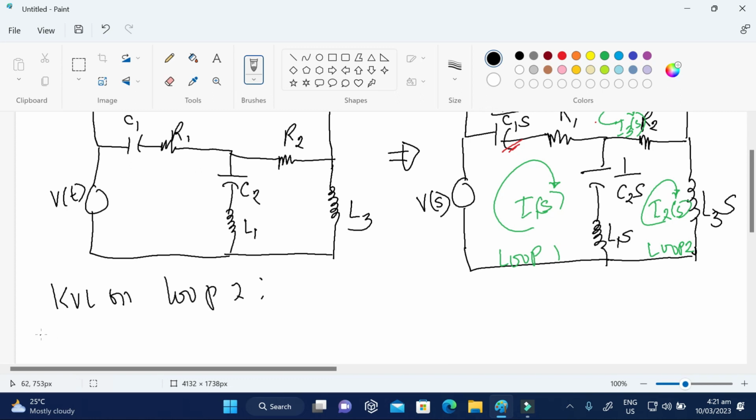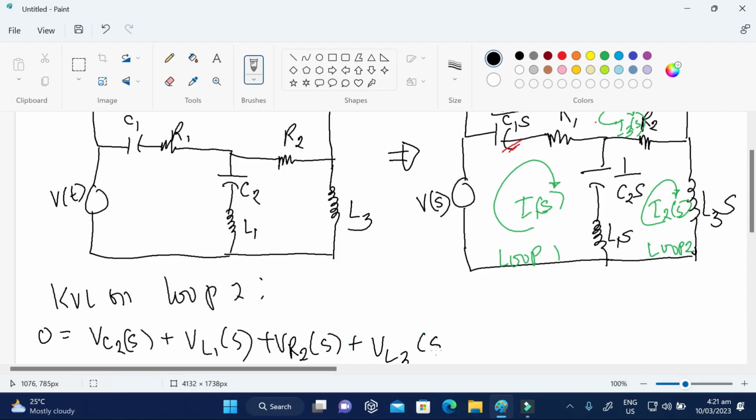We have no source on loop 2. So that will be equivalent to the voltage of C2S, plus the voltage of L1S, plus the voltage of R2S, plus the voltage of L3S.